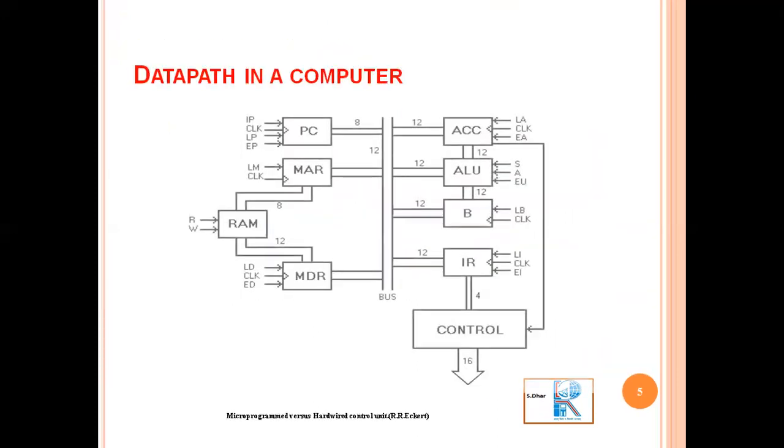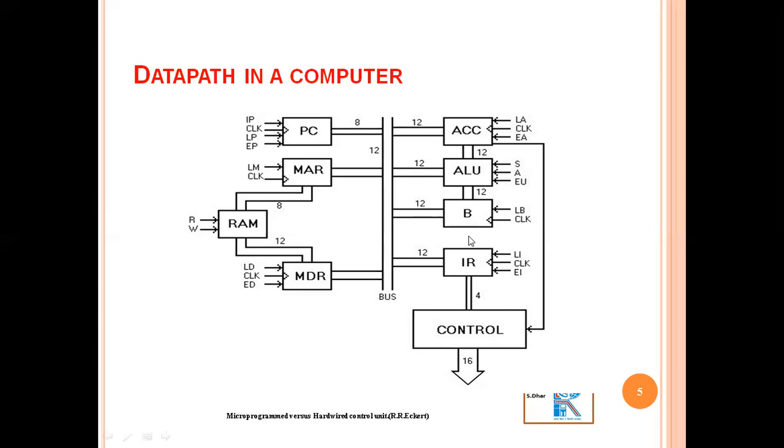Now for this microprogram control unit, we will use the same digital computer we have used for designing the hardware control unit. Here these are the different types of special purpose registers: PC, MAR, MDR, accumulator.